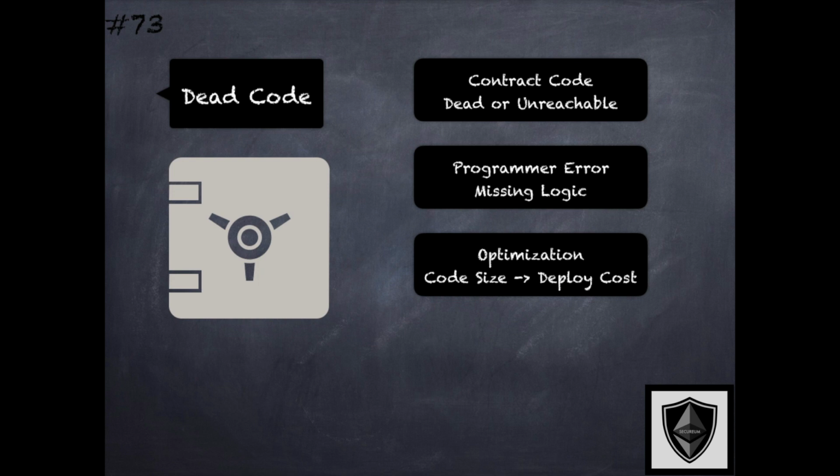And later on, if someone else decides to use this dead code, at that point, because it is untested, the vulnerabilities contained in them or affected by them get manifested in the contract and affect the security negatively.